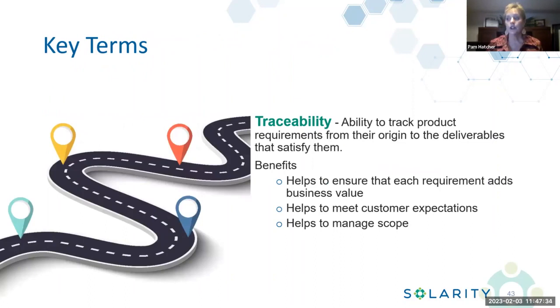We just want to make sure that you understand traceability for sure. So what we mean is it's the ability to track product requirements from their origin to the deliverables that satisfy them. Think of it like using a GPS or Google Maps, right? To get from one place to another and back again.